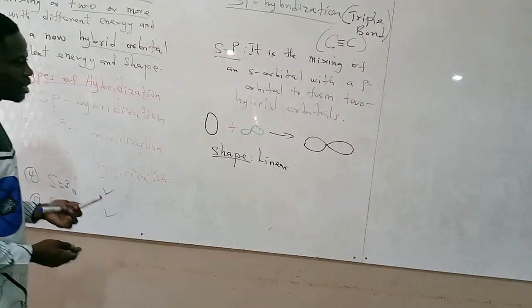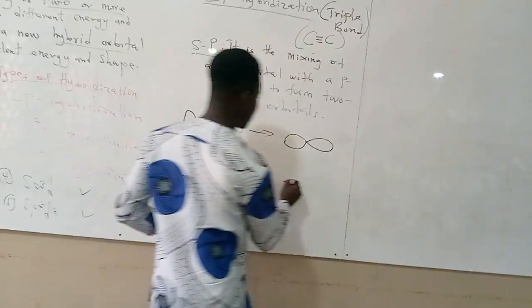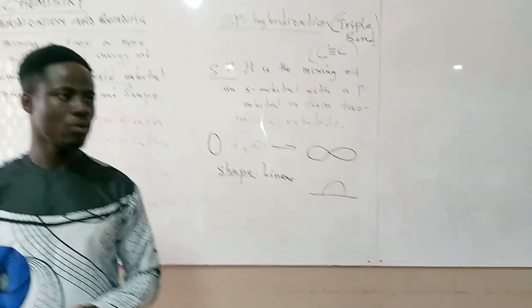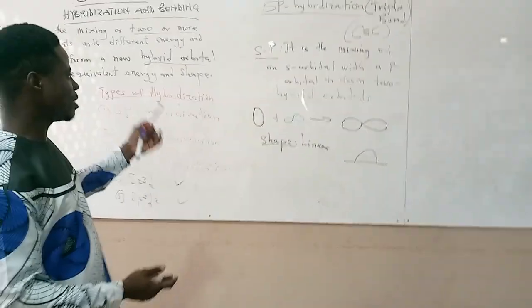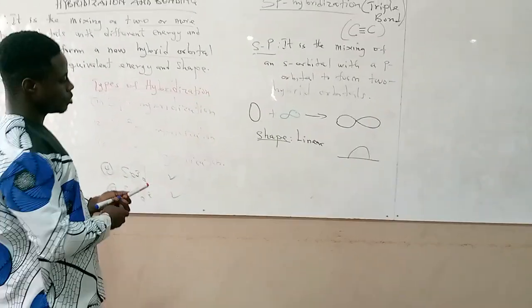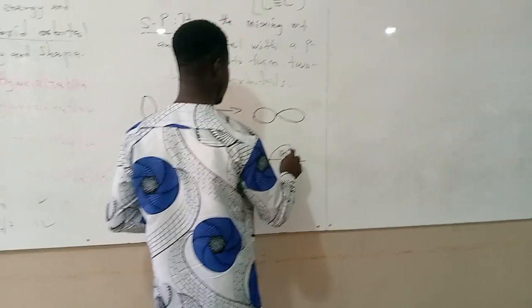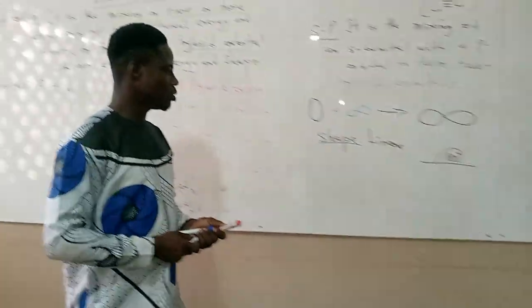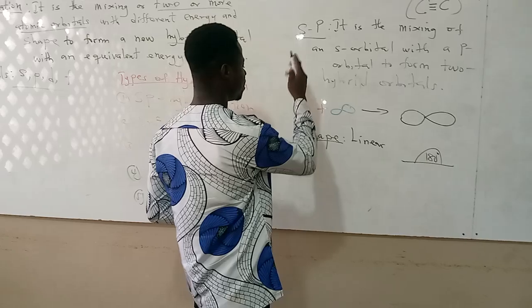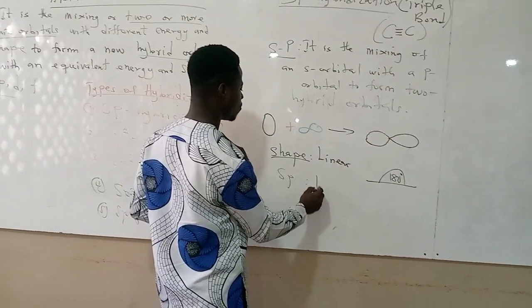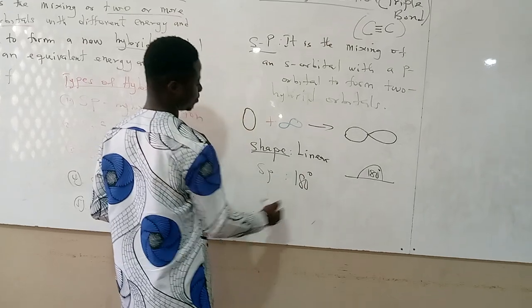There is another thing we need to know. If you have a straight line like this, in terms of angle, what is the bond angle of sp hybrid orbitals? Angles on a straight line sum up to 180 degrees. On that note, we can also say that sp hybrid orbitals have a bond angle of 180 degrees.